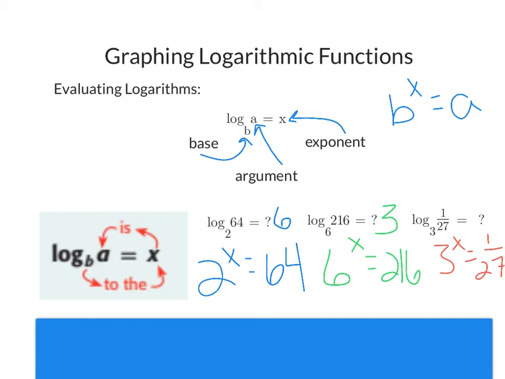Remember, a to the negative n is equal to 1 over a to the n. So I know that my exponent is going to be negative. Well, 3 to the what power is 27? 3 to the first is 3, 3 to the second is 9, 3 to the third is 27. Therefore, log base 3 of 1/27 is equal to negative 3.